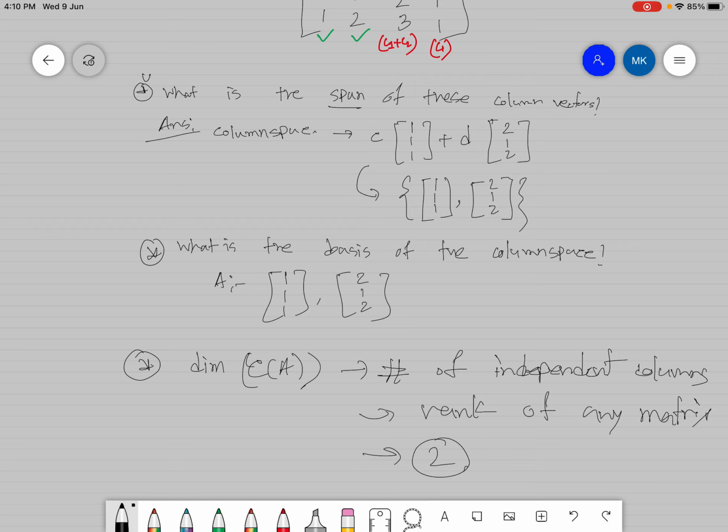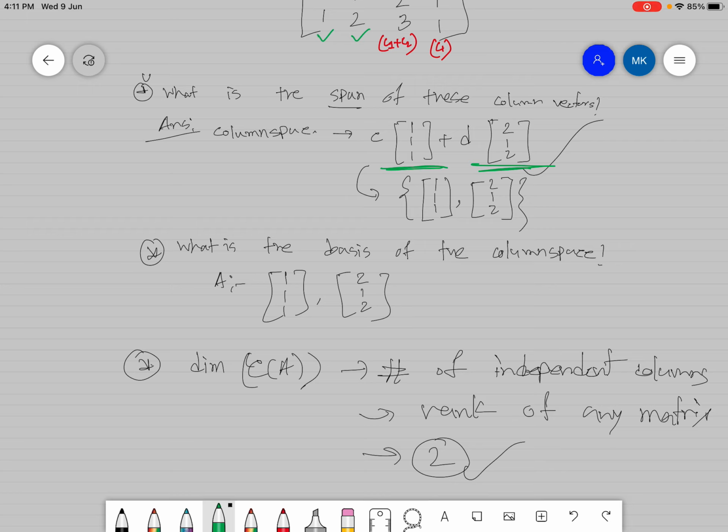So this is the minimum number of column vectors with which you can span the whole column space, which is this case. And as you can see, there are 2 columns here. So 2 independent columns to span the whole column space.